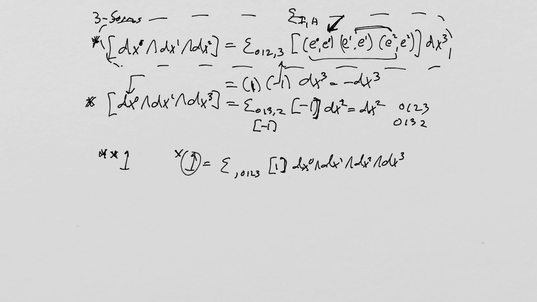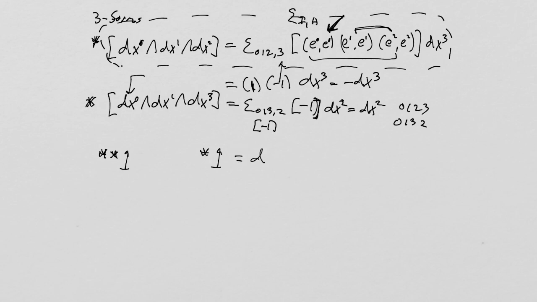Remember, it was kind of designed for p being greater than 0. So I'm going a little too quickly here. That's not the right thing. I've already shown you that the Hodge dual of 1 is always going to be the positive volume element. So we know that that's dx0, dx1, dx2, dx3, right?